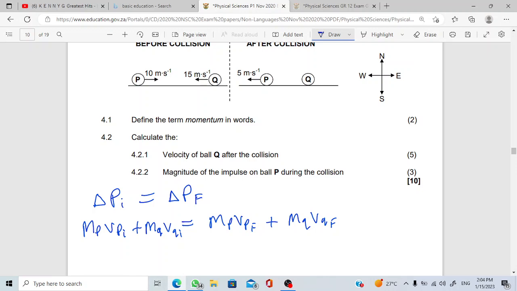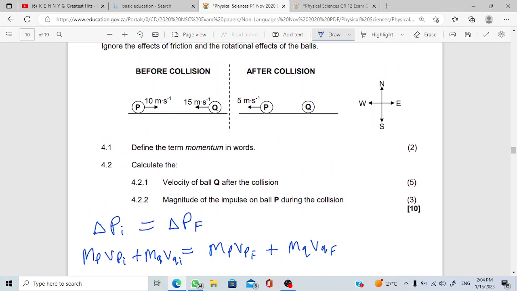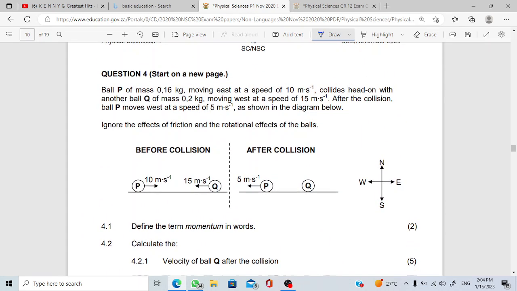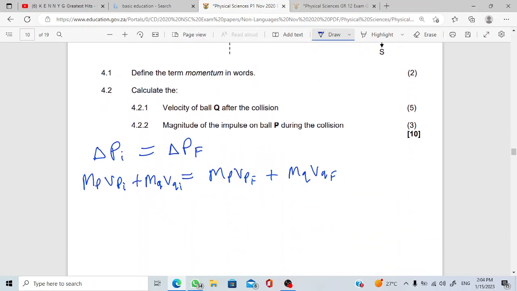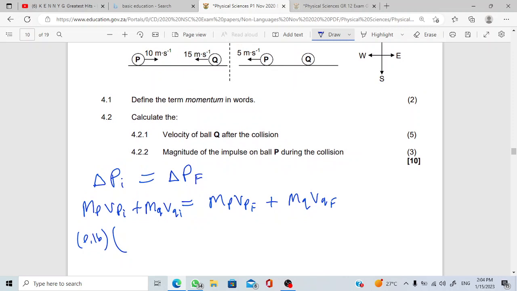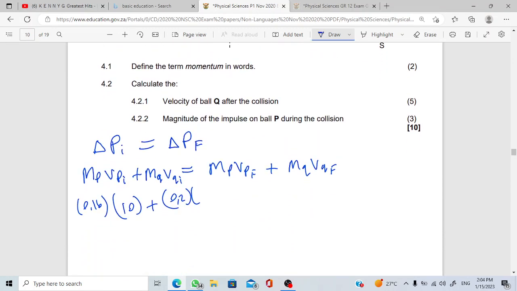Now you need to substitute values. So MP is 0.6 kg, multiplied by 10. Plus this mass is 0.2 into 15, but this needs to be negative 15 because it goes in the opposite direction.